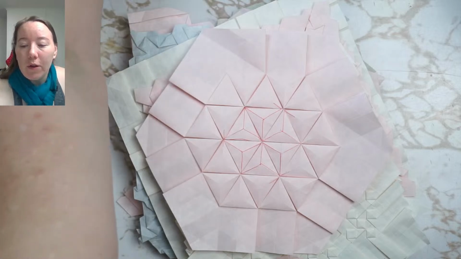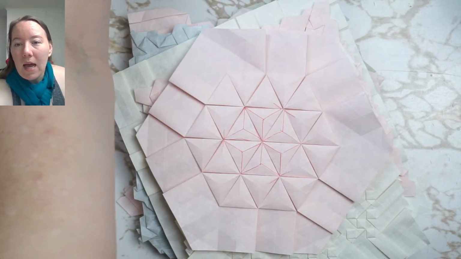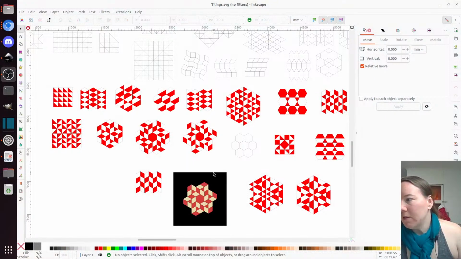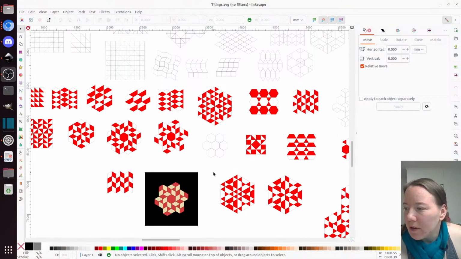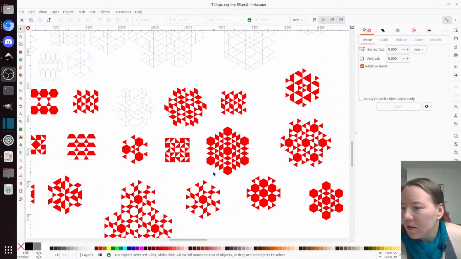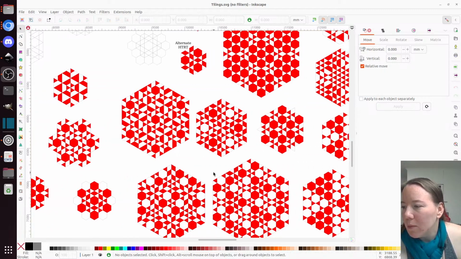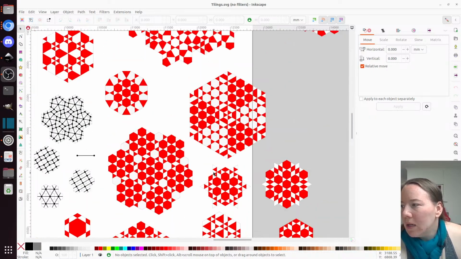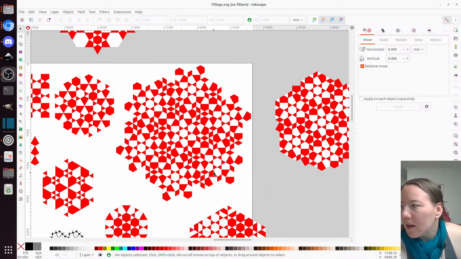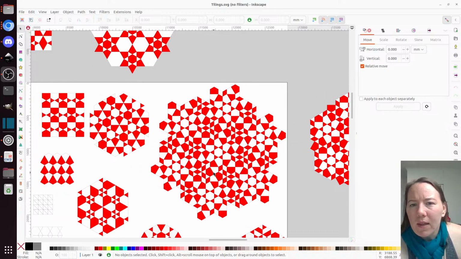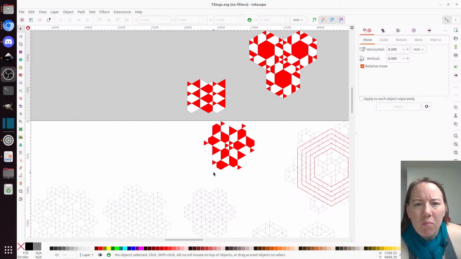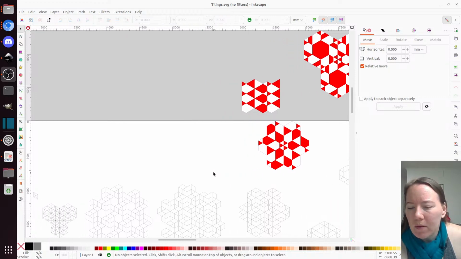So I want to show you really quickly a file that I have with a whole bunch of tilings, ranging from simple tilings to more complex ones, and getting into some unusual shapes as well. There's really no end to the possible arrangements of shapes.